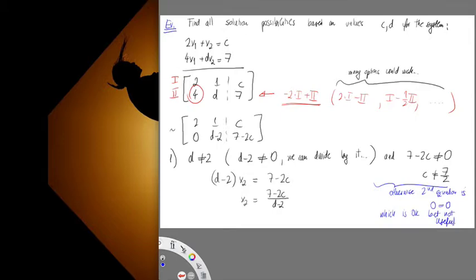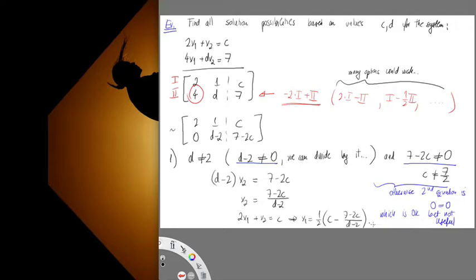So if I have these two things, D and this as true, then x2 is this, and my x1, well, I simply find out what my x1 is. 2x1 plus x2 is equal to c, so my x1 is 1/2 c minus. I'm just going to leave it at that. Figure out the algebra here and figure out what x1 is.